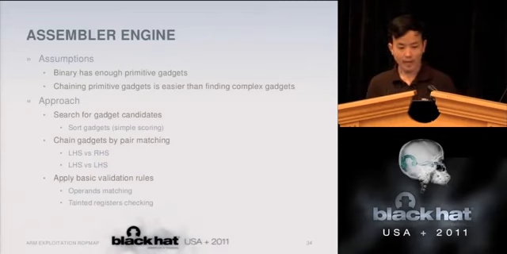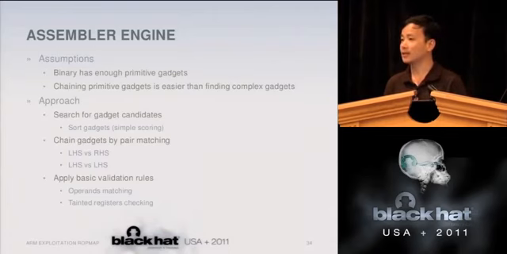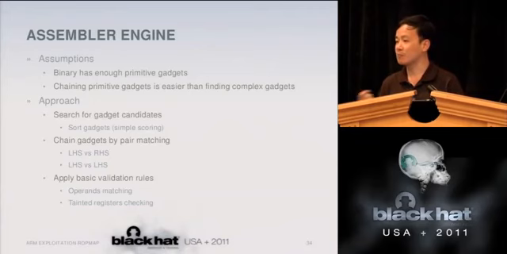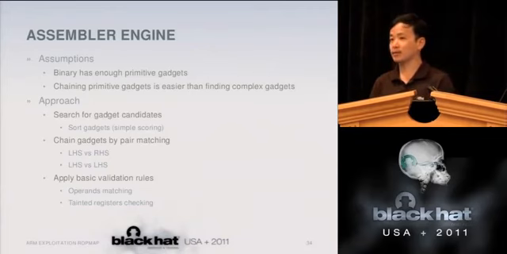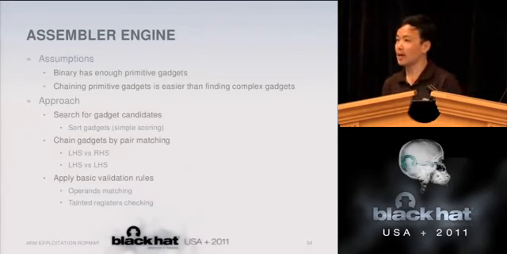Here we assume the binary we target has enough primitive gadgets, let's say simple pop register, load register, and so on. So we just use those simple gadgets and don't look for complex gadgets, and chaining simple gadgets is easier than finding complex gadgets.